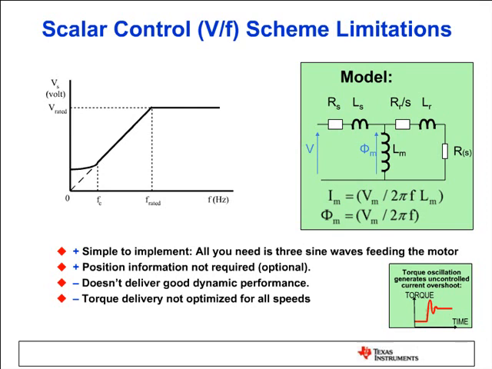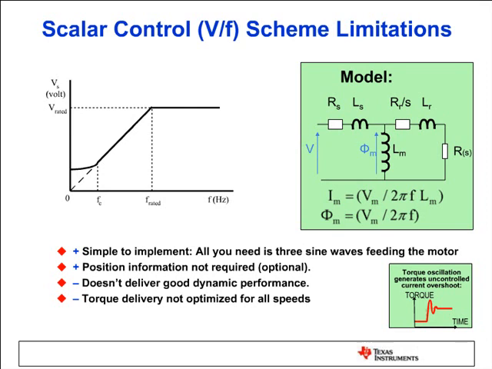But the good thing about V by F is that it's easy to implement, and we don't need position information or feedback. The problem is when you go to higher or lower speeds, especially lower speeds, as you can see in the graph on the left-hand side, it's almost impossible to keep the ratio constant. At low voltages, the voltage drop across motor parameters like RS and LS, the stator impedances, becomes significant.